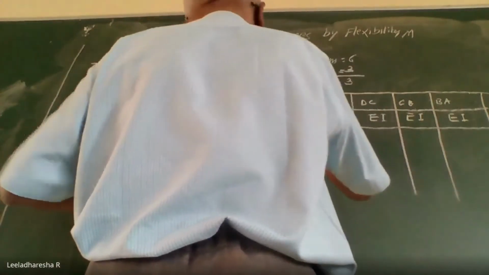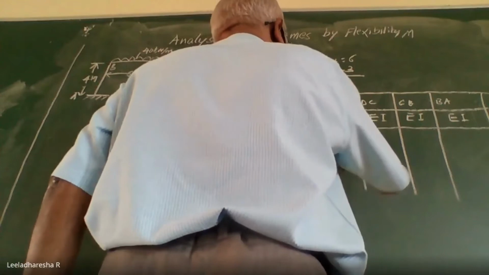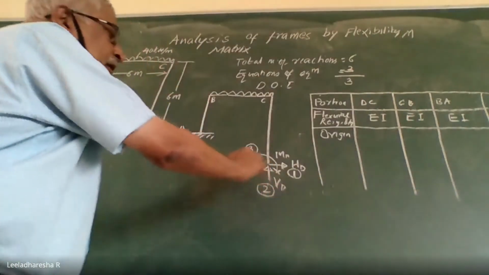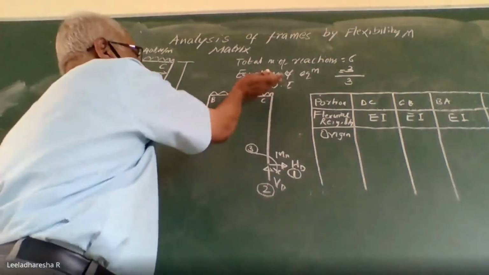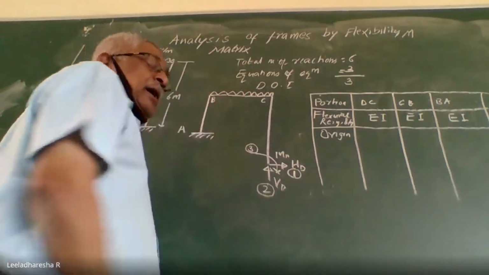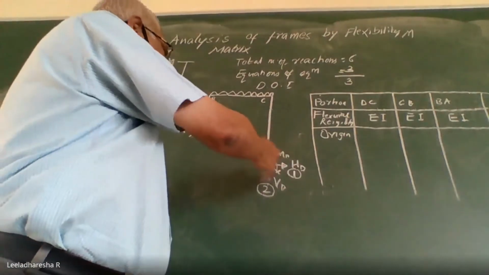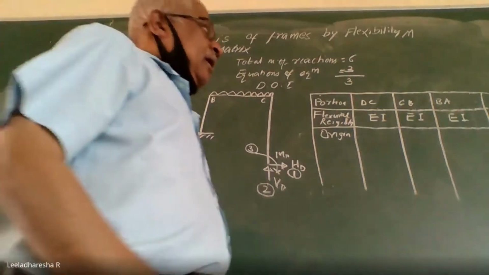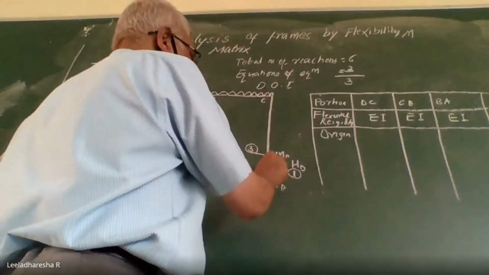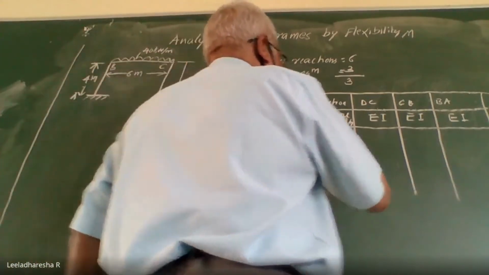Then the third one, origin. Origin means here I am applying a unit load in all three coordinate directions, and at various sections I am going to determine the bending moment. So, origin is D for the first portion.